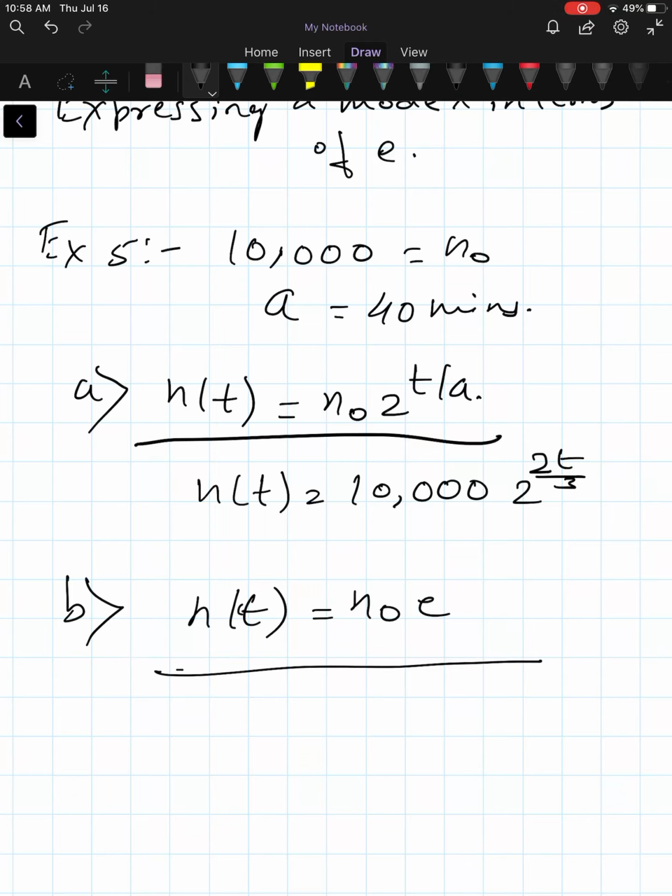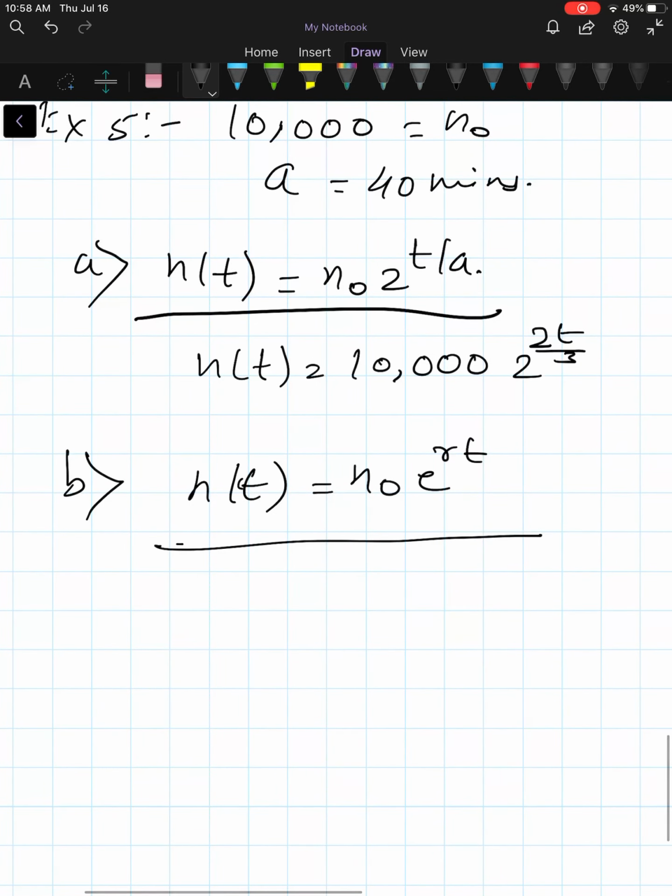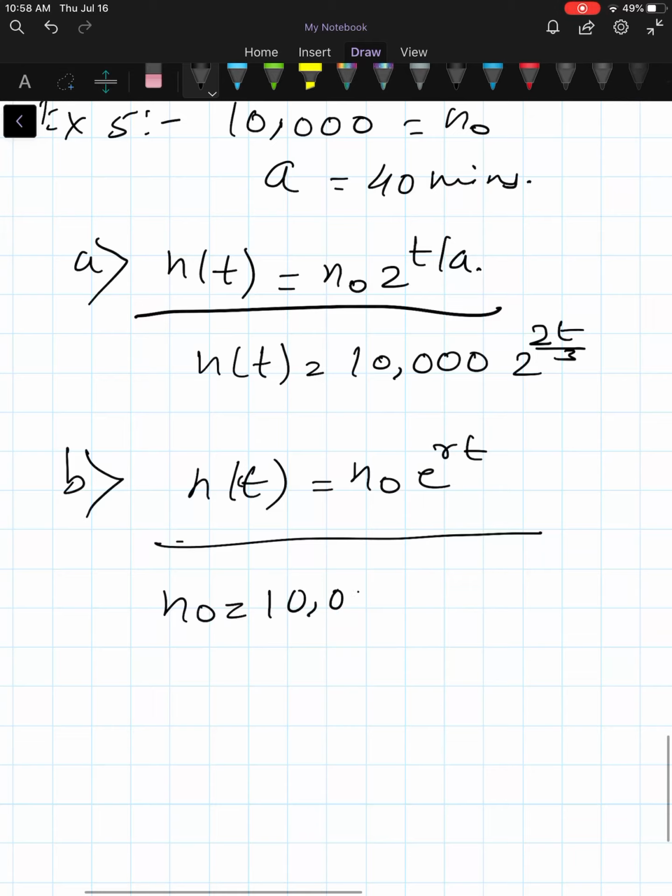So n of t is equal to n naught times e to the power of rt. That models the number of bacteria after t hours. So we have to find such a model. The initial population is 10,000, that is given, and we have to find the relative growth rate r.